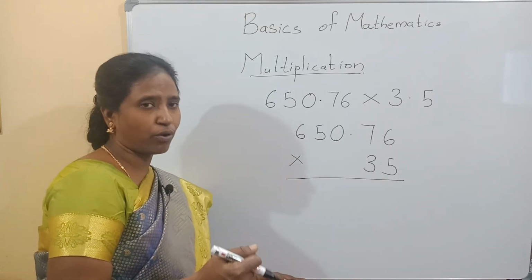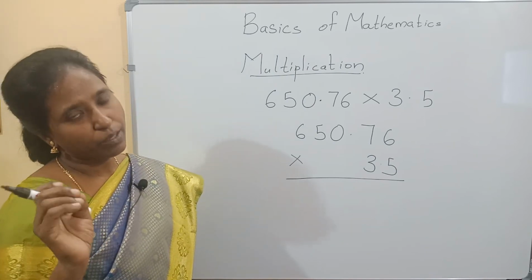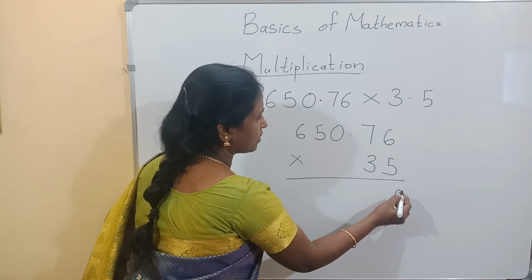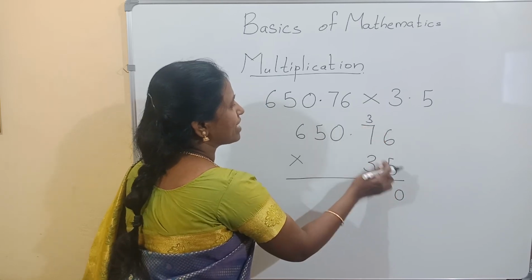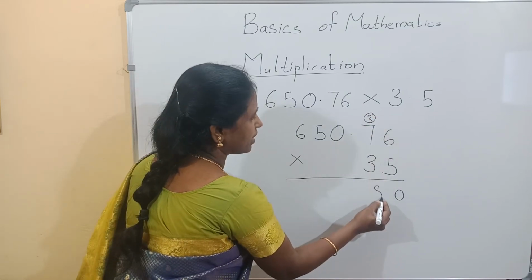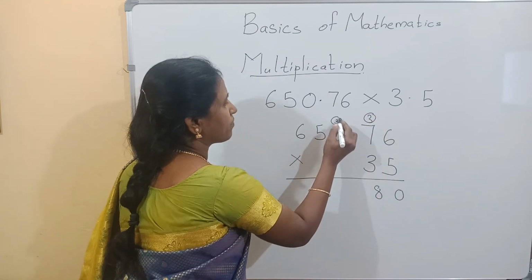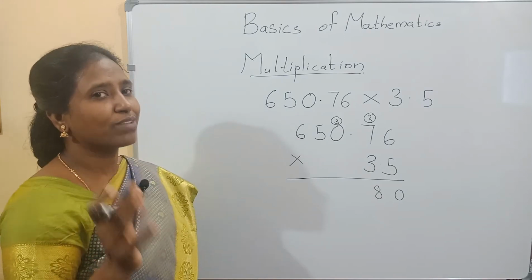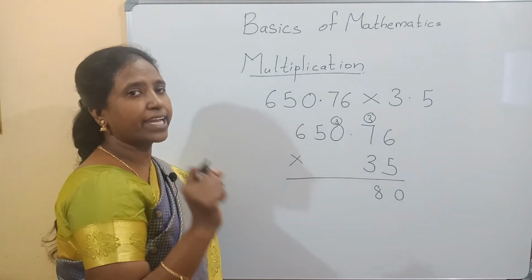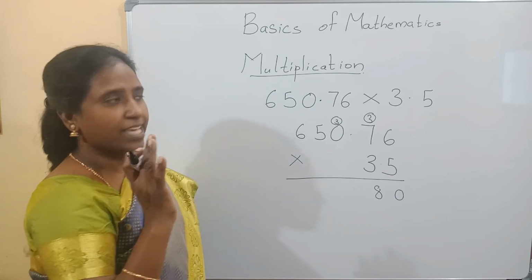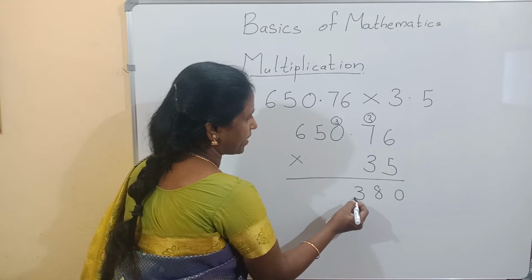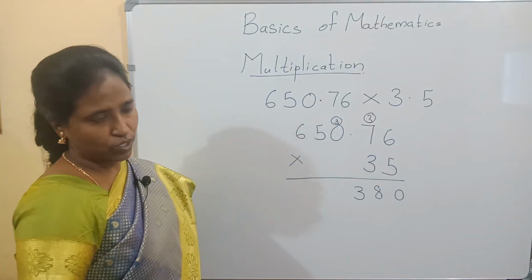After we get the product, then we are going to put the points, right? 5 6s are 30. 5 7s are 35 plus 3, 38. 3 carry. 5 zeros are, here is where many children get confused. 5 zeros are 0. Anything multiplied by 0 is 0. 5 zeros are 0 plus 3, 3. 5 5s are 25.